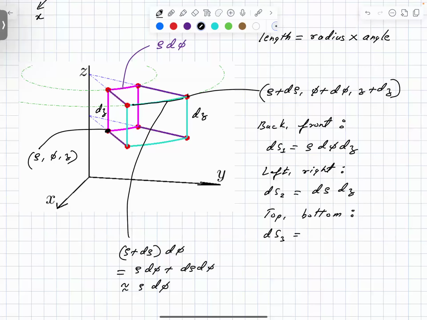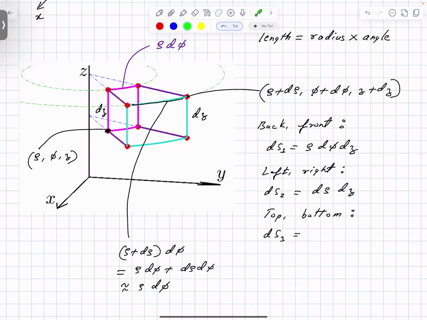So when we are considering an infinitesimal volume like this, even though the top is not exactly a rectangle, we can consider that as a rectangle. Okay, so let's say it's a rectangle, the top and the bottom both. Now, what would be the area of this? One side is d rho and one side is rho d phi.